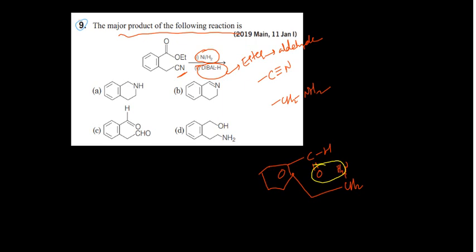I am giving the numbering here, 1, 2, 3, 4, 5, 6, a six membered ring is forming. And the 6th is the nitrogen, the first is the carbon, between the two there is a double bond. So your answer will be B. You can see there is no other option. Right?